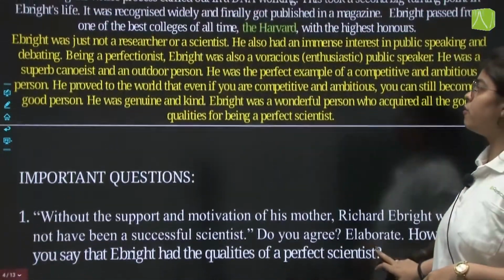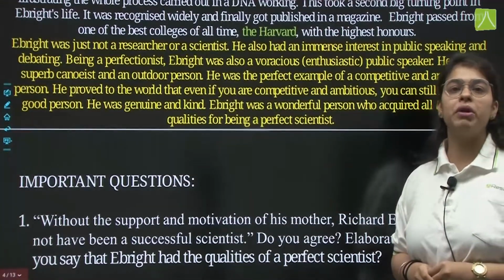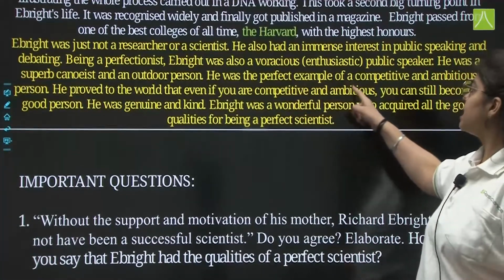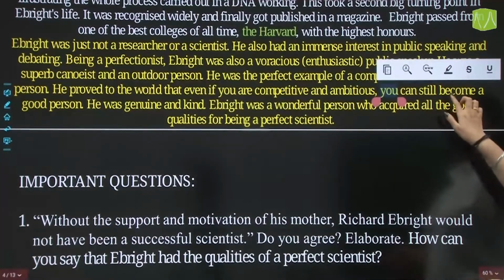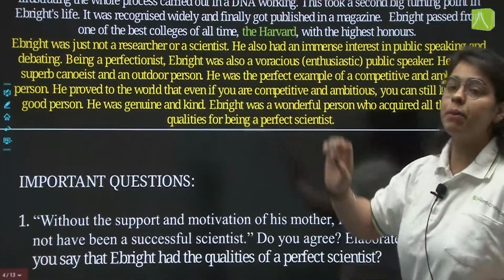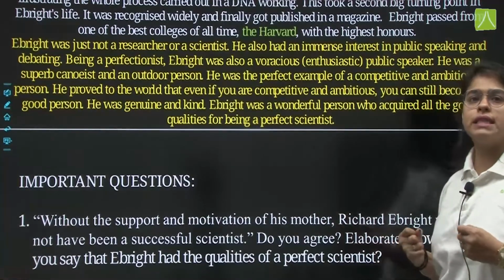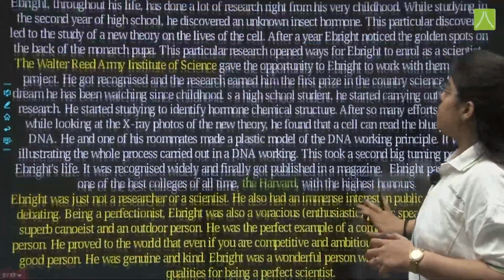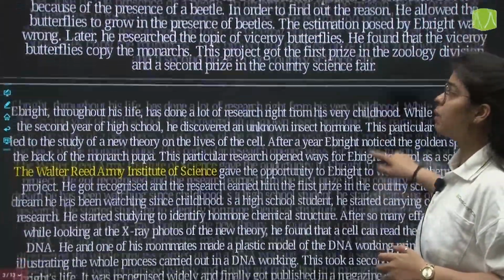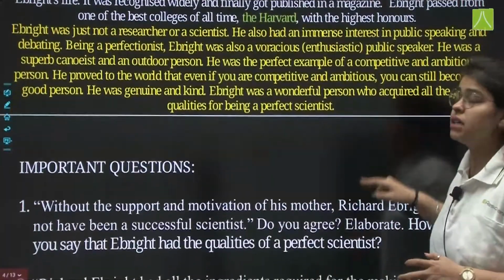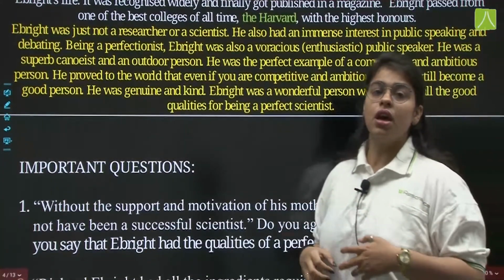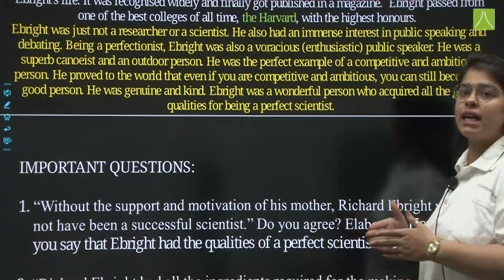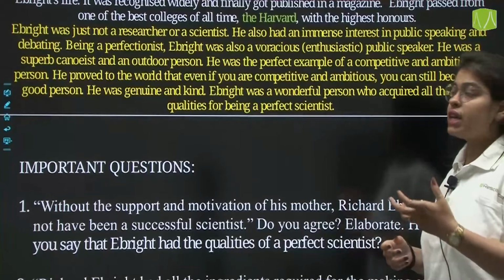Not only because of the experiments he did, not only because of the discoveries and the research that he did, but here what we read, he was a perfect example of a competitive and ambitious person. So, he was very ambitious towards his goals. What he was lacking was a time that he did not win the prize, and after that he got into a phase of I have to prove to the world that I can research.